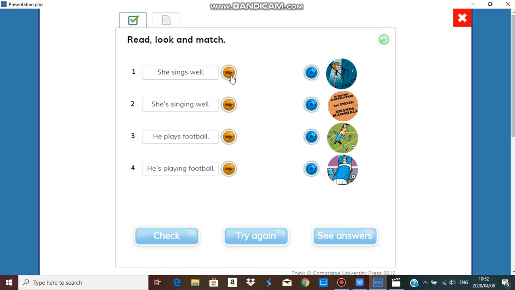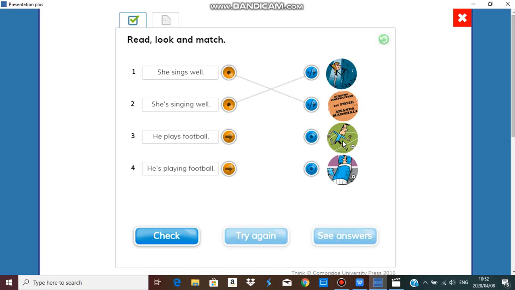Now let's see. She sings well. Is she singing now? No, she's not singing now. So this is a singing competition. She sings well. She's singing well. It's happening now. He plays football.